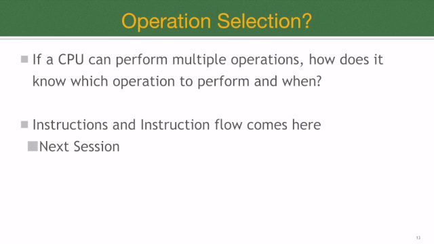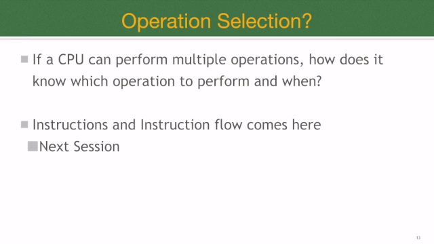Similarly, how do we know what operation the CPU needs to be performing? Because of all the different tasks that we can perform through general purpose computers, we can play video games, we can browse the internet, we can play songs, we can edit our text files, and so on. There are a lot of things that can be done through a general purpose computer.